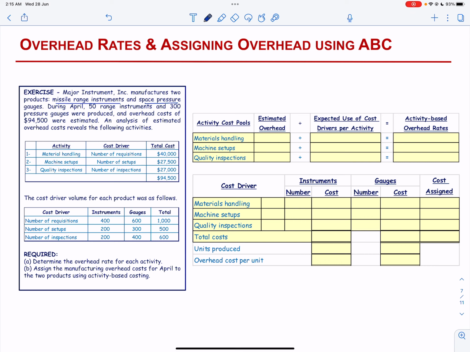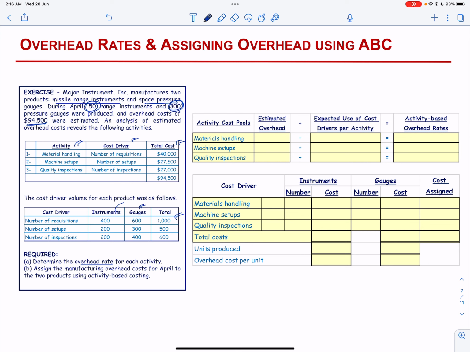During April, 50 range instruments and 300 pressure gauges were produced and overhead cost of 94,500 was estimated. An analysis of estimated overhead cost reveals the following activities. We have the activities, the cost drivers, and the total cost. The cost driver volume for each product is here for instruments and gauges, and these are the totals. And they are asking us to determine the overhead rate for each activity.